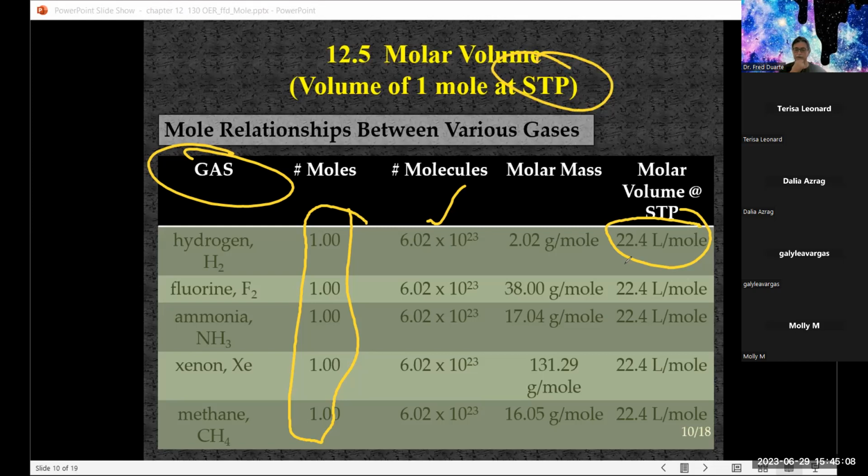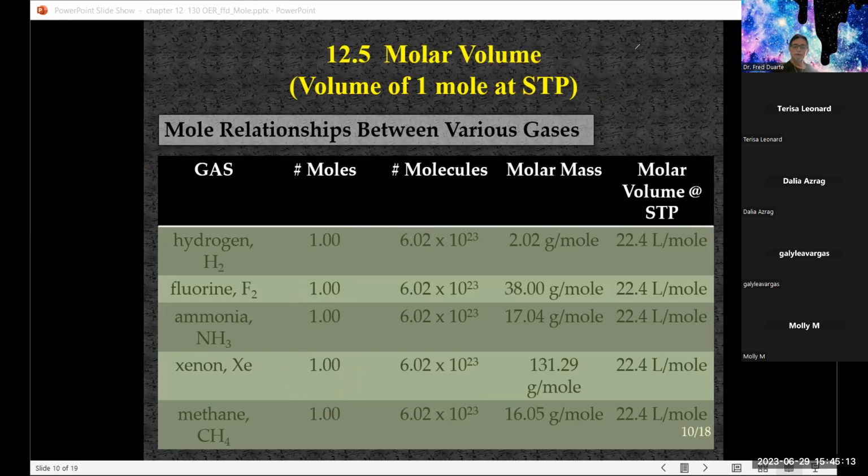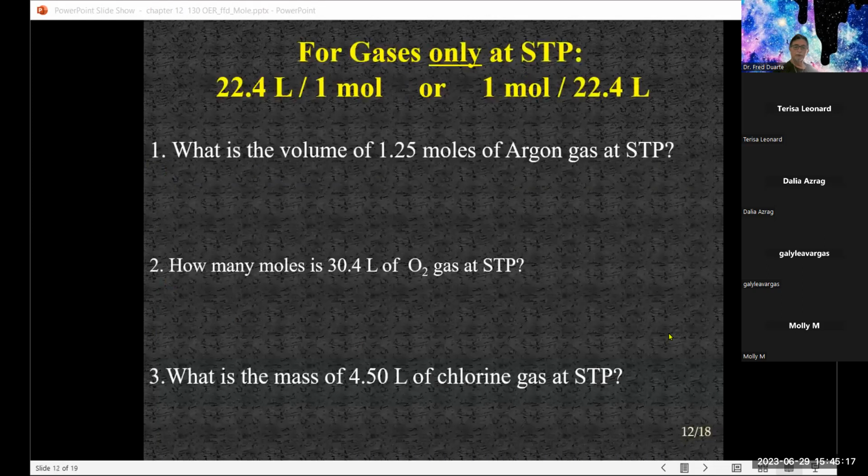Okay. All right, so with that information, now we have the conversion factor at STP of liters over moles or moles over liters. It's a ratio like we've been doing that we can arrange as needed.